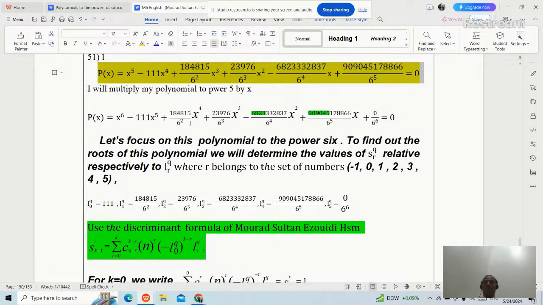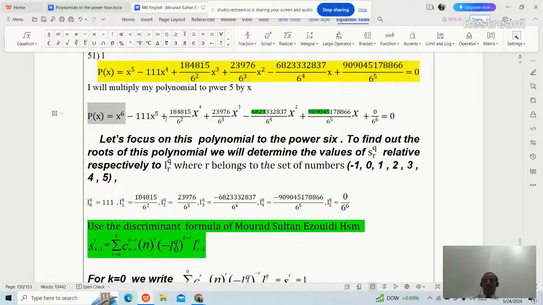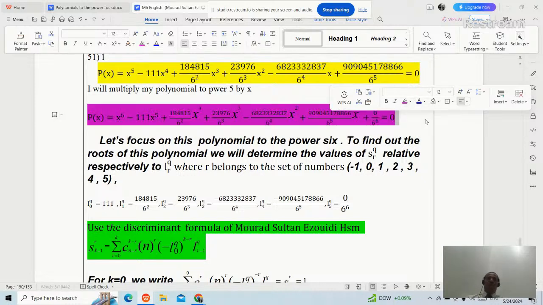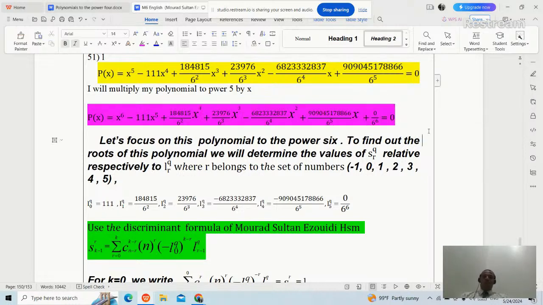I will change the color of this. So now it's clear for you, learners, that I'm going to solve this polynomial of degree 6.